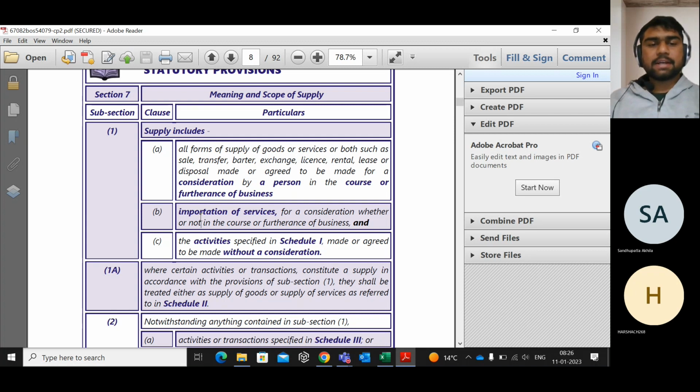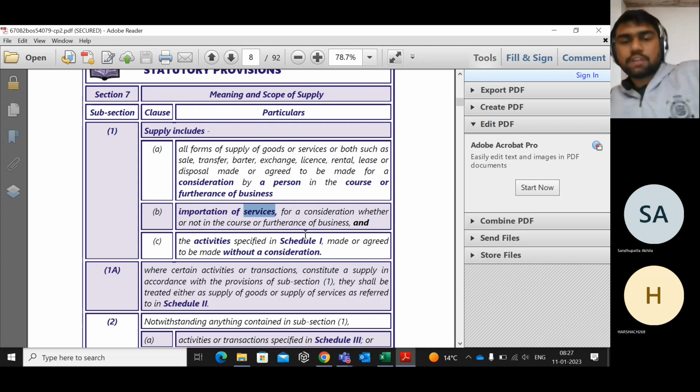Next, importation of services. Here we talked about it should be for consideration, right? Now, see the second point: import of services. Services here does not have to be taxable services only. Import of services for a consideration, whether or not in the course or furtherance of business.